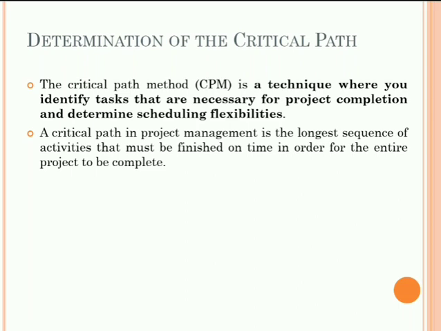Now let us see how to find the critical path, CPM. Finding the critical path involves looking at the duration of the critical and non-critical tasks. Let us see some of the steps for finding the critical path. The first step is to list the different activities.